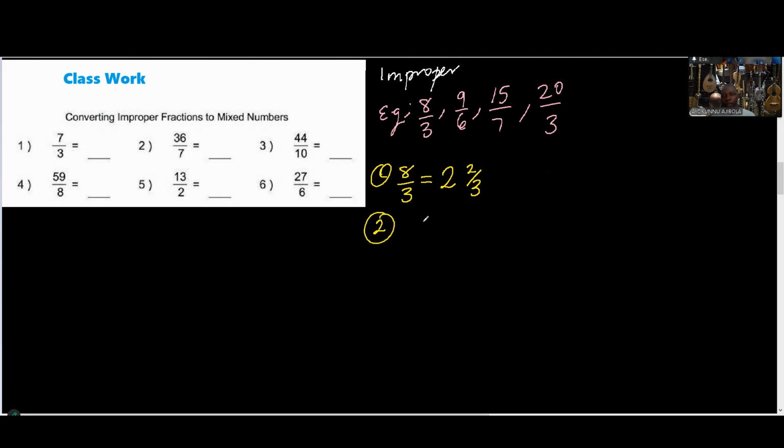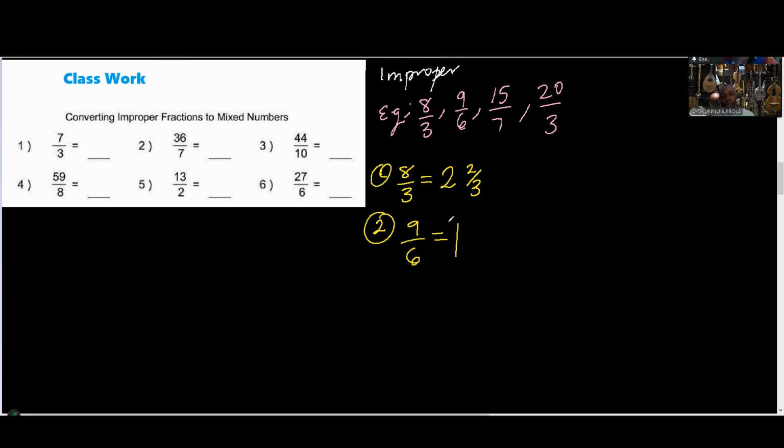Let's look at the second example. 9 over 6, right? If I have 9 oranges and I want to give 6 to each of my friends, how many friends can I give oranges to? One, right?